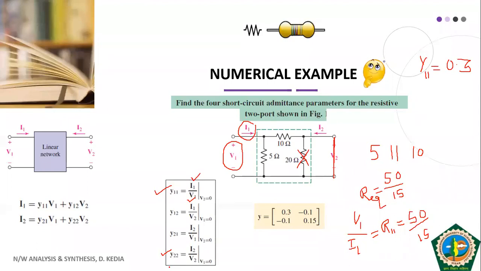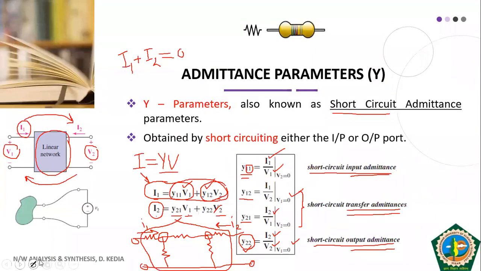I hope you remember the calculation of Thevenin resistance. Okay, in a way, try to see this thing, that we call this input admittance Y11. We call Y22 output admittance.